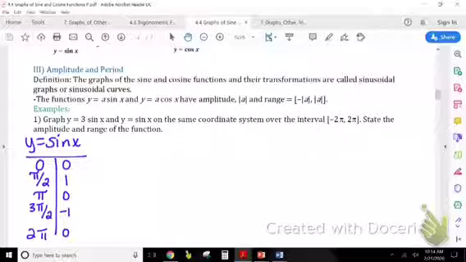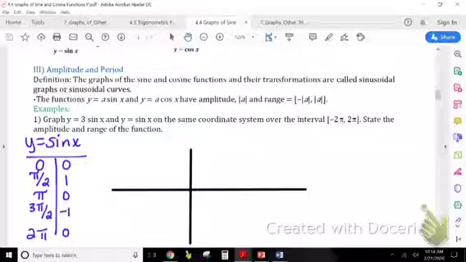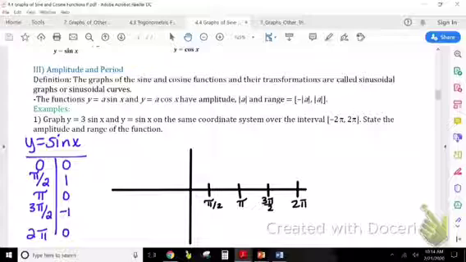All right, so if I go to graph this table, it says negative 2 pi to 2 pi. I better scoot my line over a little bit there. And it wants me to go all the way to negative 2 pi.